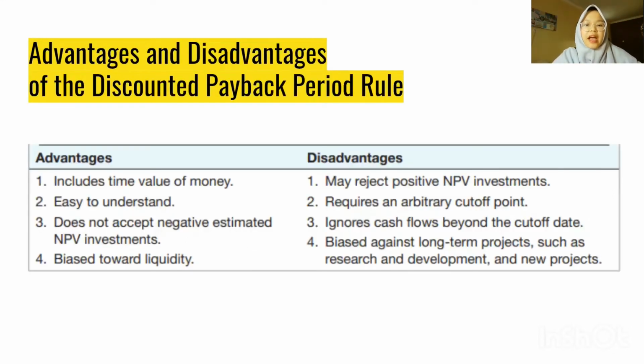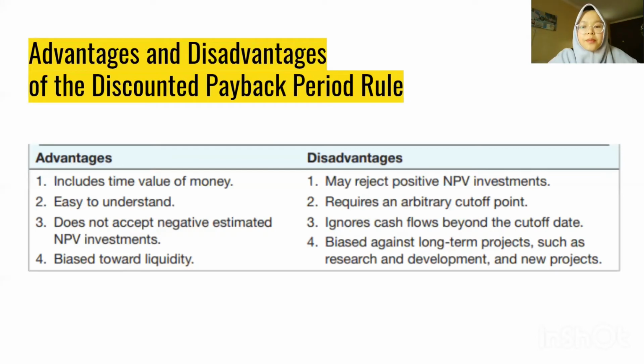So here are some advantages and disadvantages of the discounted payback period rule. First of all, we're going to talk about the advantages. The first one is that it includes time value of money, it's easy to understand, it doesn't accept negative estimated NPV investments, and it is also biased toward liquidity. But how about the disadvantages?